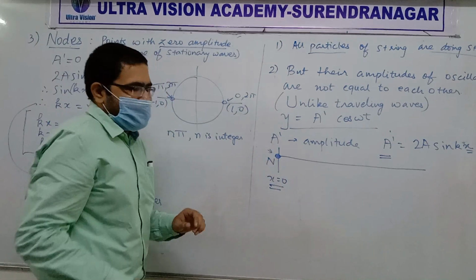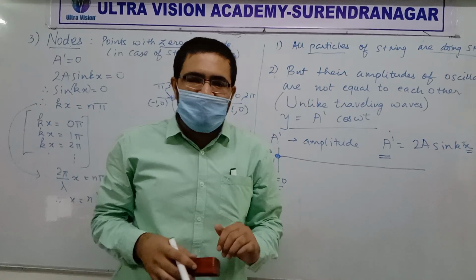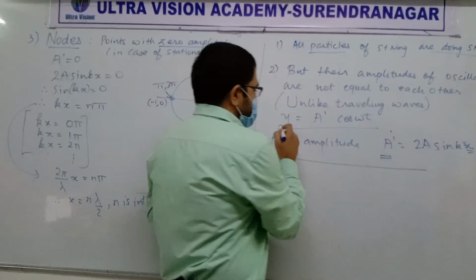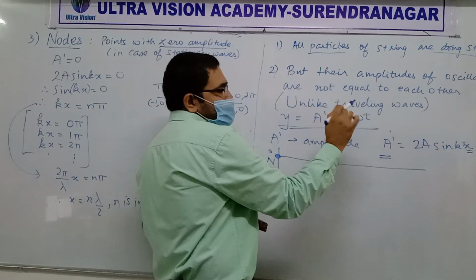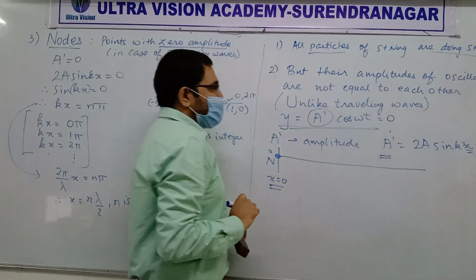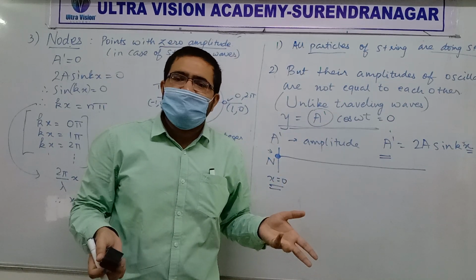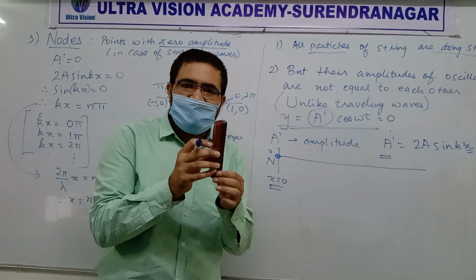Node means what? Again, amplitude is 0. Now think about it. If amplitude is 0, have a look at this equation. If A dash itself is 0, then this whole thing is always 0. Correct? What does that mean? Can something oscillate with 0 amplitude?